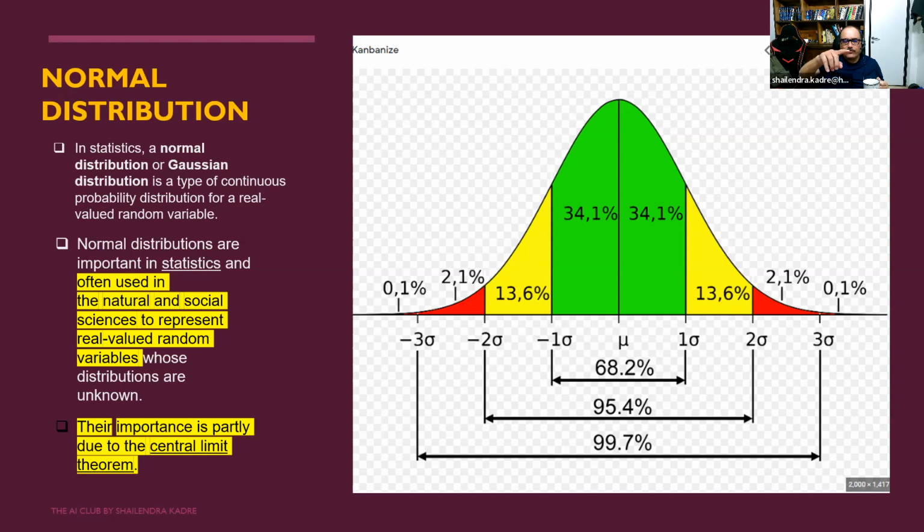If we take random samples from a population whose distribution we don't know, say 20 random samples, and find their means and their probability distribution, it will follow the normal distribution. That is what the central limit theorem says. So that is one thing.